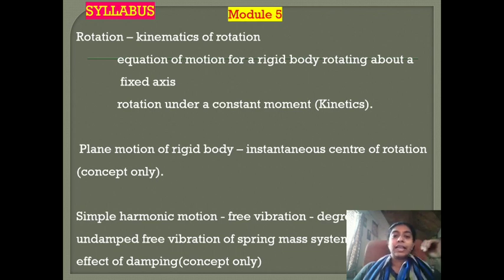Now this is our first part of module 5. In this first part, we will be seeing the kinematics of rotation motion and two simple problems, and we will continue the remaining problems in our next class.